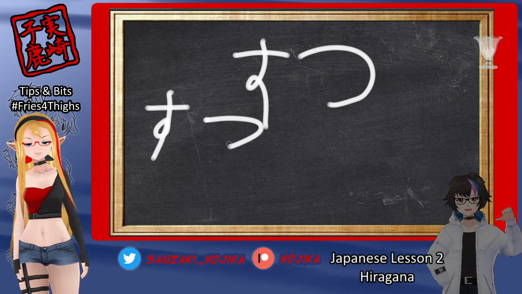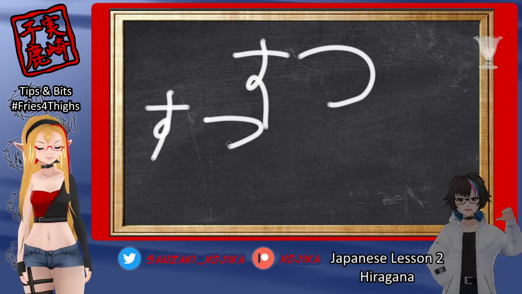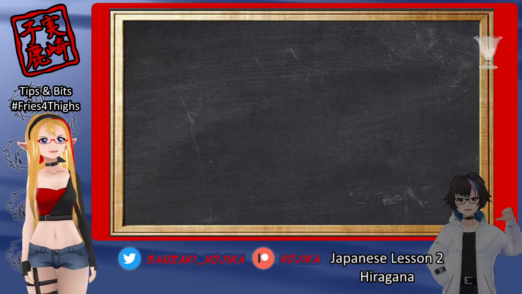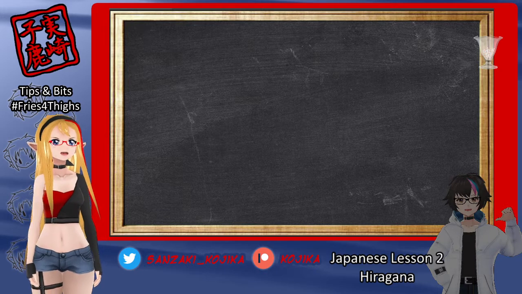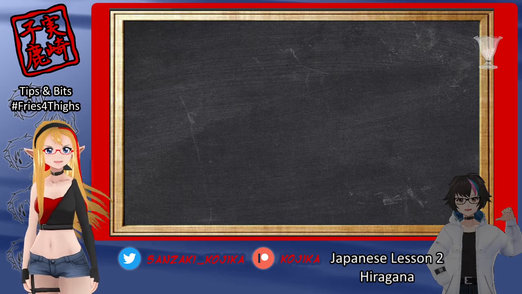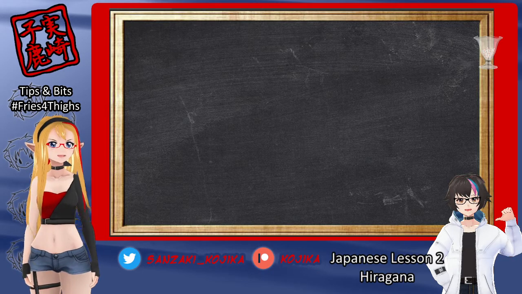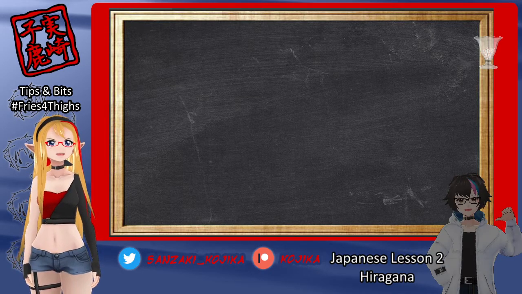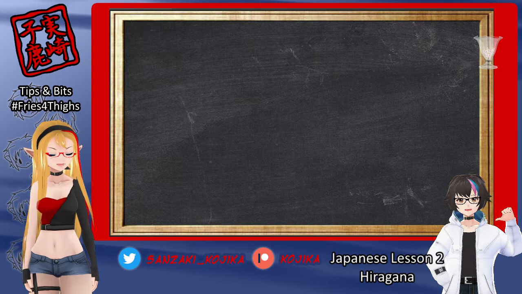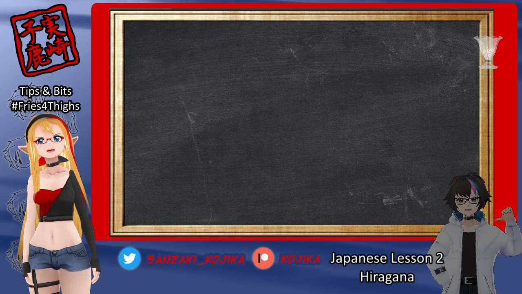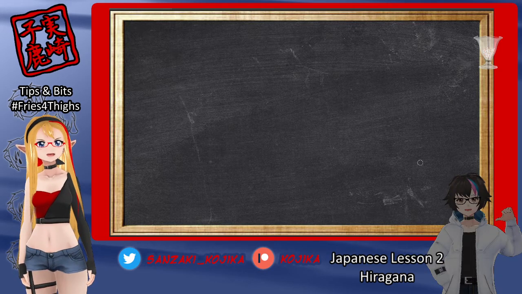Also, the archaic use of sutsu is to give up, to resign. I like that one. That's a good one. But apparently they don't use it anymore. Well, go ahead and use it anyways. We're gonna be archaic now, guys.